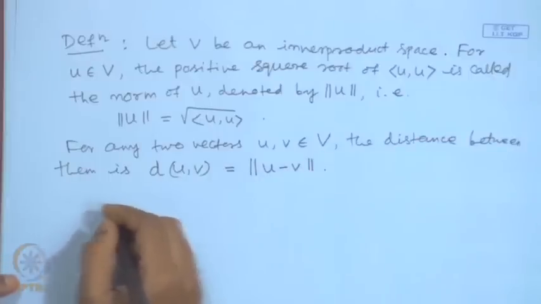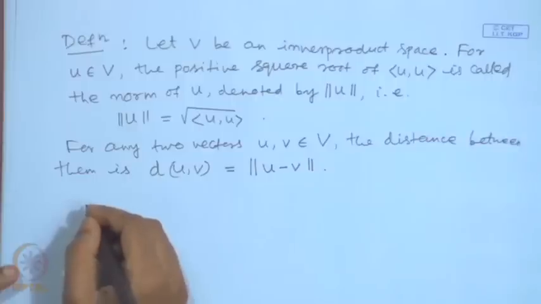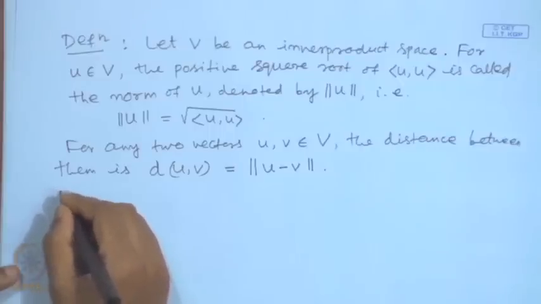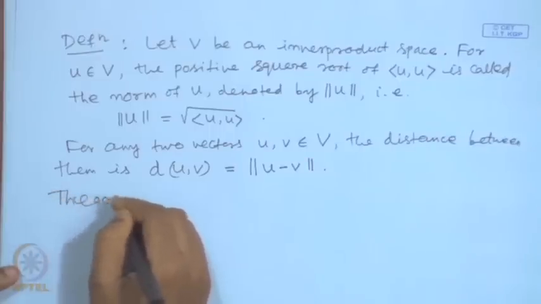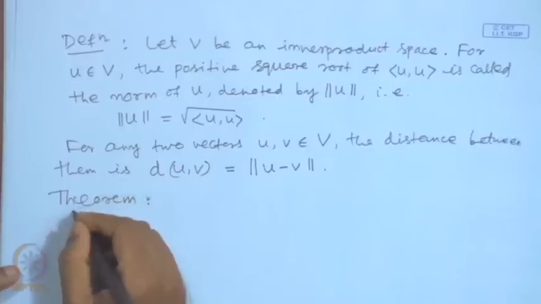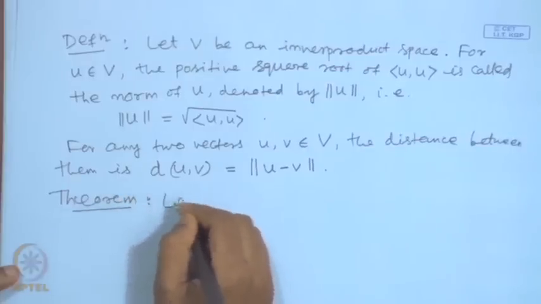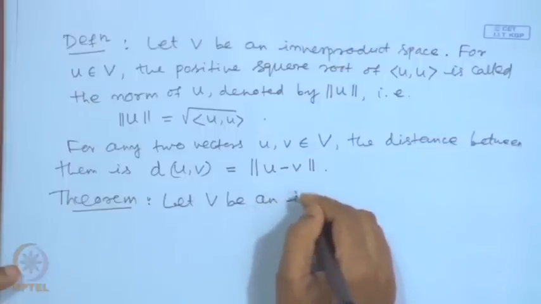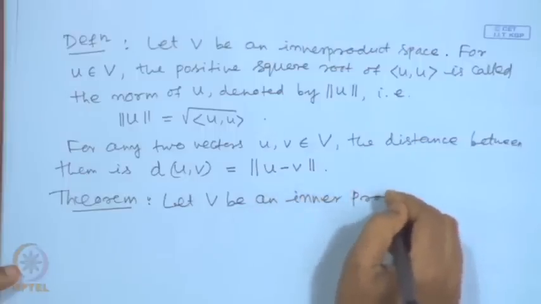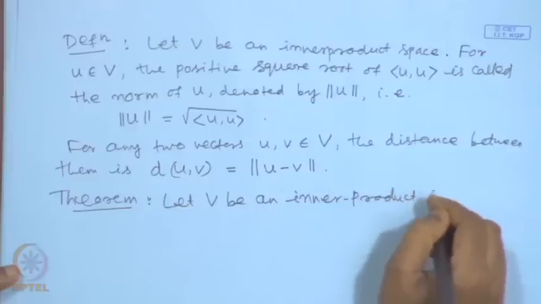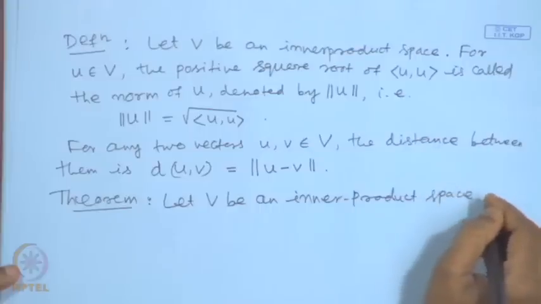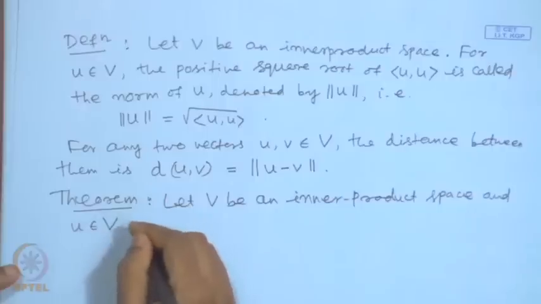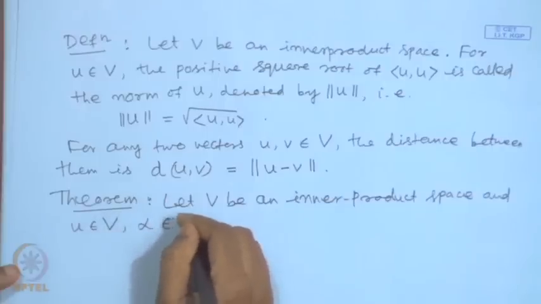Then here we shall see some properties of this norm. We shall write this as a theorem. Let V be an inner product space, u be a vector in V and alpha be a scalar.